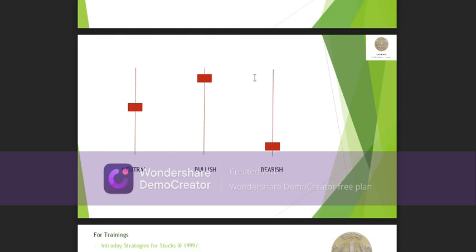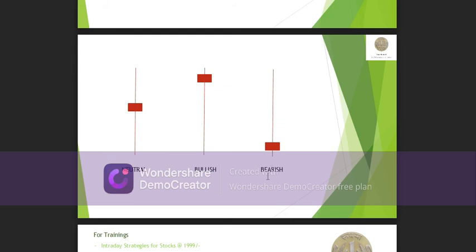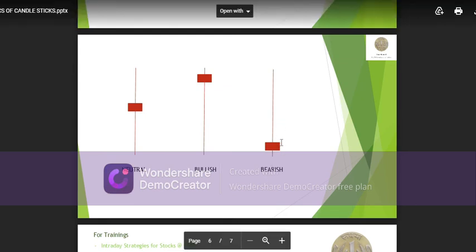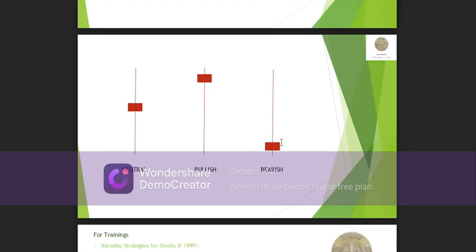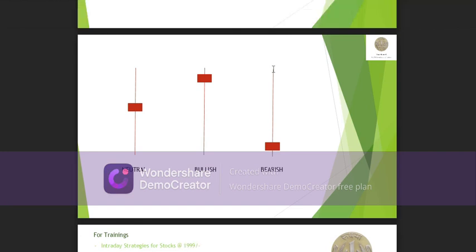Coming to the next candlestick pattern, this is a bearish candle. Why did I say bearish? Because the stock opened at a higher price and went till this point. But the sellers came in and said, no, we want to bring it down. They pushed so hard till this point.